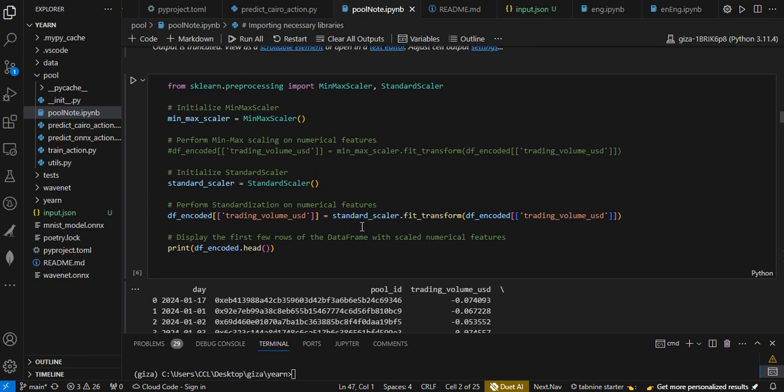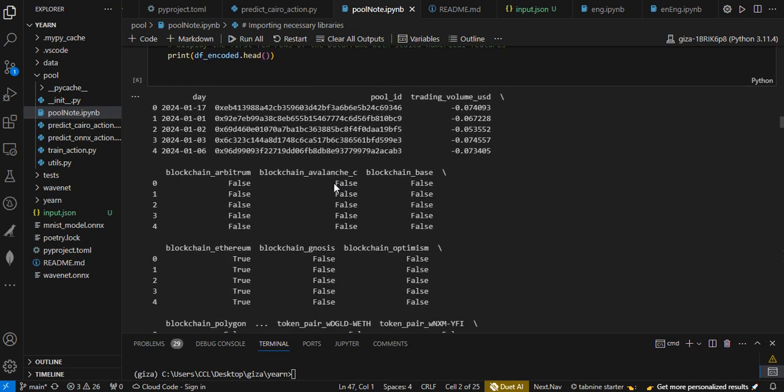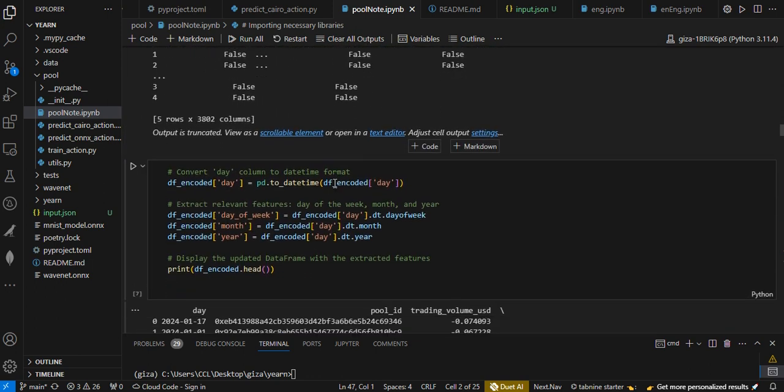And then we also used a standard scaler. I actually put in both min max scaler and standard scaler, but I decided to go with standard scaling to normalize our data.